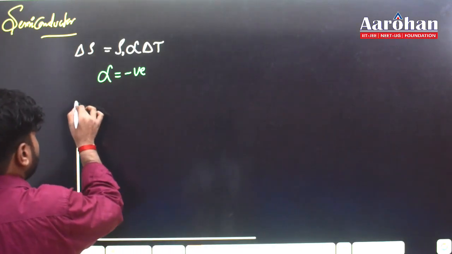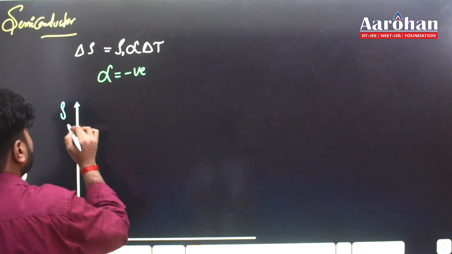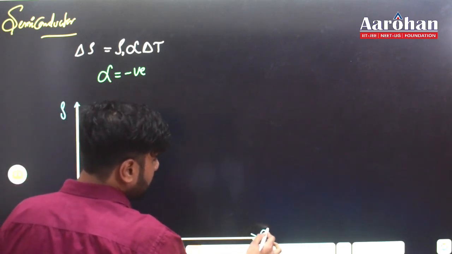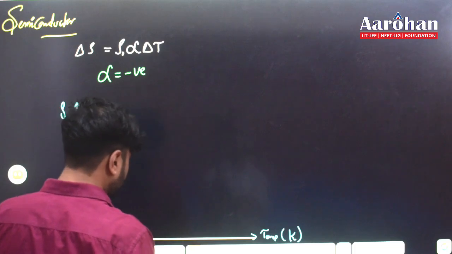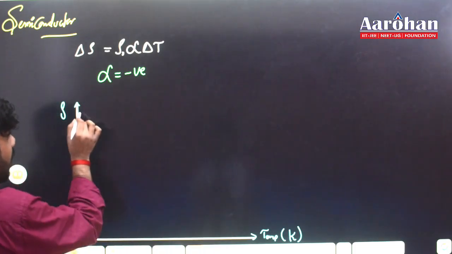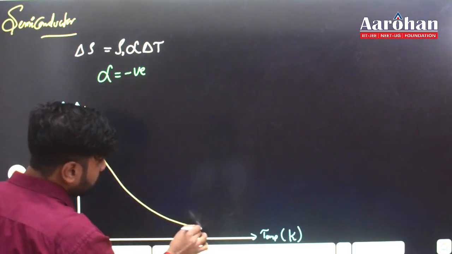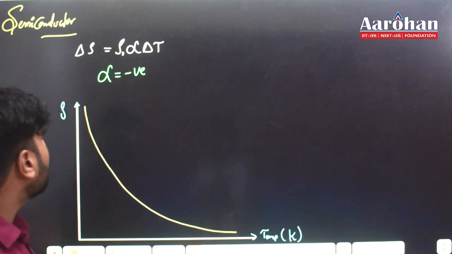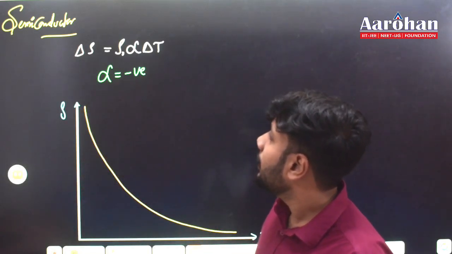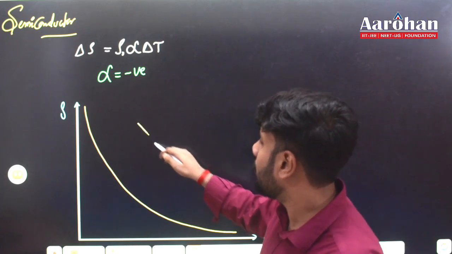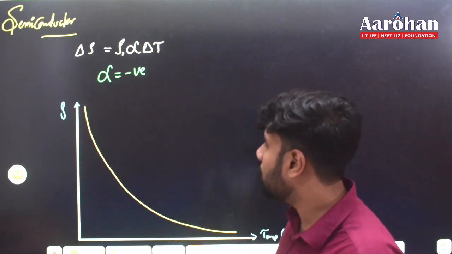And if you see the graph, it will look like this. This is resistivity, this is temperature. Again, I am drawing for Kelvin, and it will look like this. This is your resistivity versus temperature graph for semiconductor. Again, alpha was negative. You could have got a straight line, but you are not going to get a straight line.